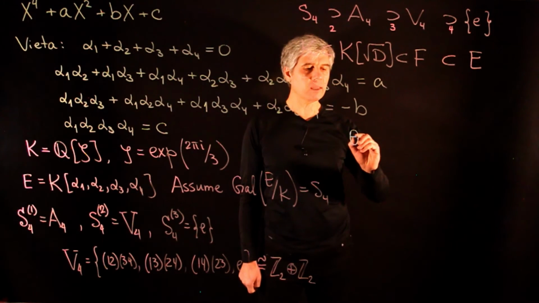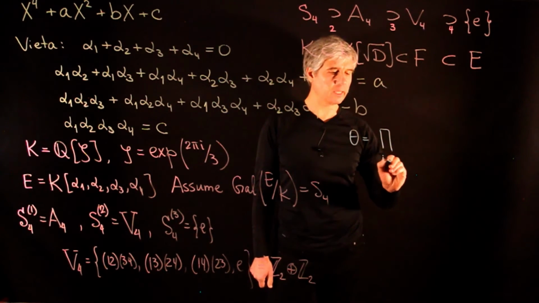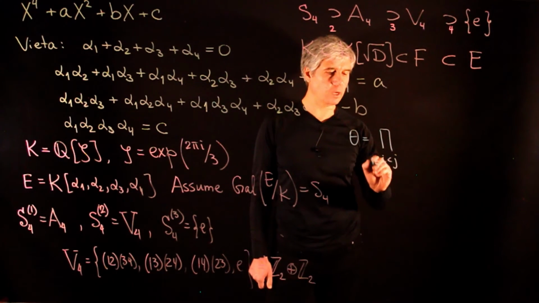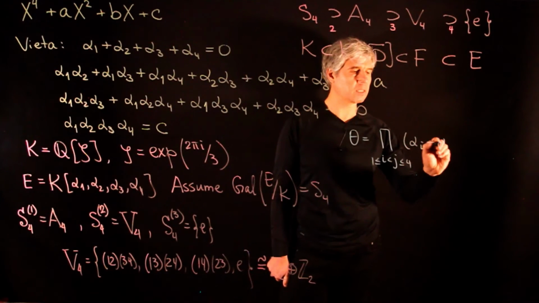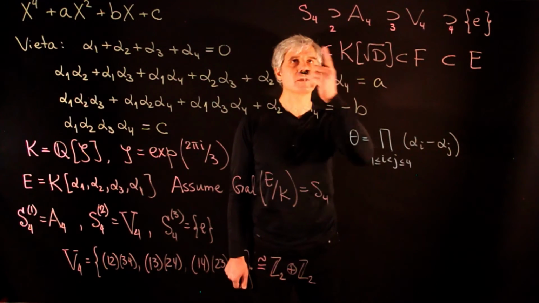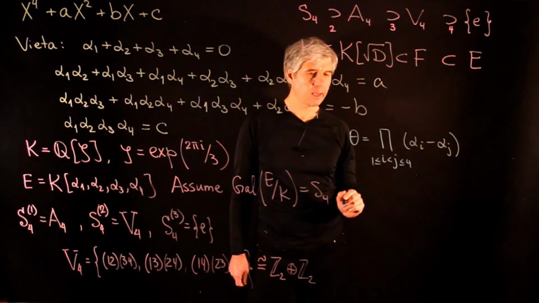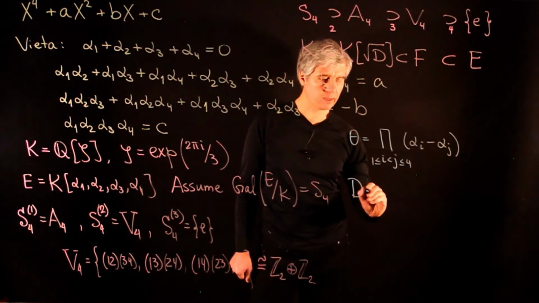The element theta is the product over i less than j from 1 to 4 of alpha i minus alpha j. This element is A4 invariant, but not S4 invariant. And if we take its square, then we're going to get an S4 invariant element.